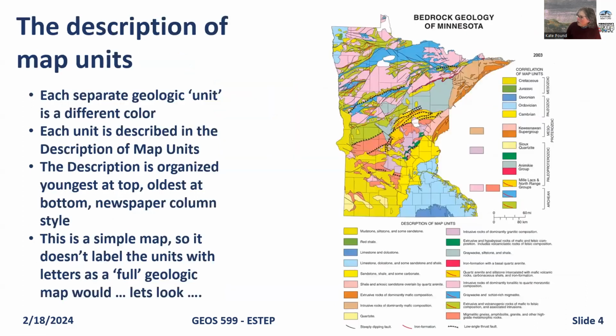I'm just going back to the previous slide here. When we looked at this correlation of map units here, one thing that's important is it shows the actual age of the units in here. These are all terms for age: Archean, Paleoproterozoic, Mesoproterozoic, Paleozoic, and Mesozoic.